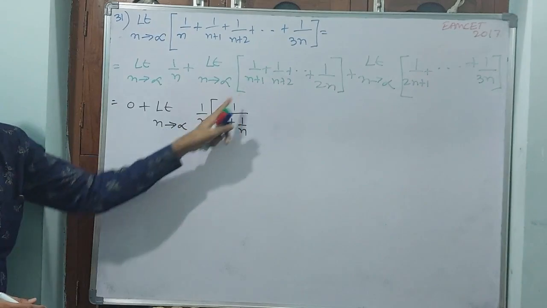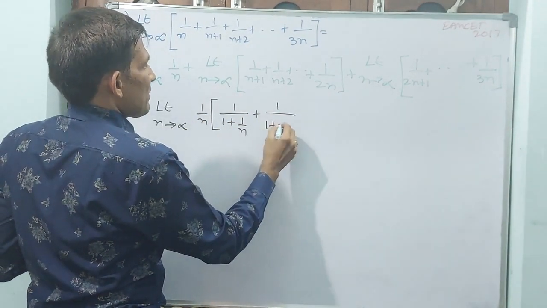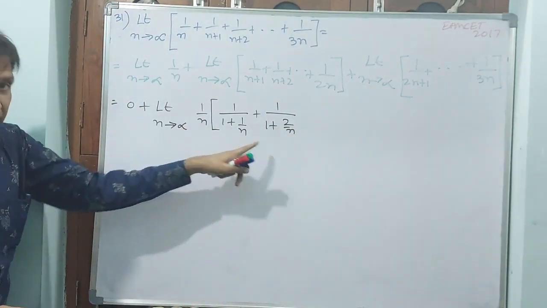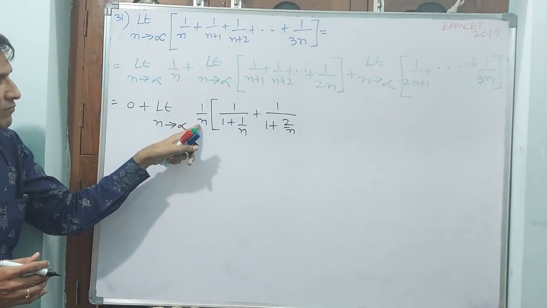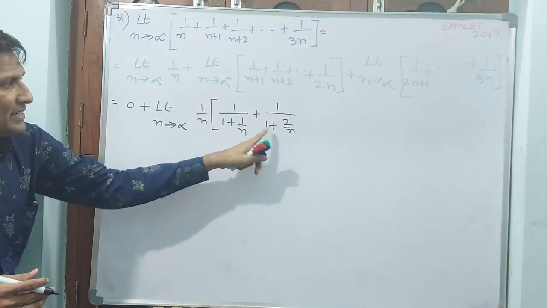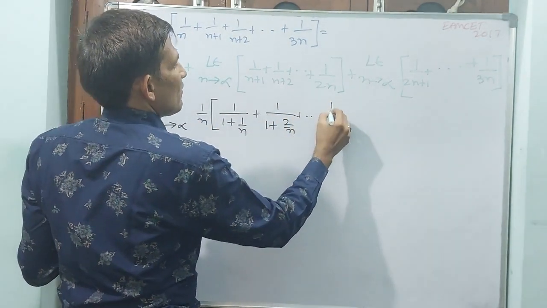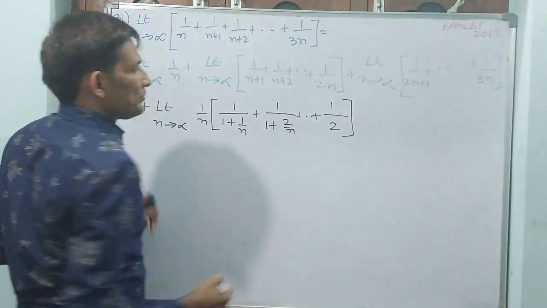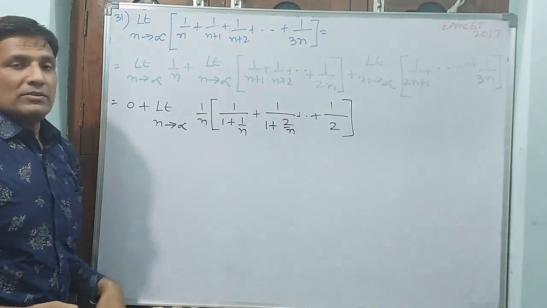Correct? Okay. 1 by 1 plus 2 by n. This separation is very important, or else you are not going to get the answer. n into 1, n by n cancels, n plus 2, okay, plus 1 by 2, n into 2, 2n, 1 by 2. Okay, over.